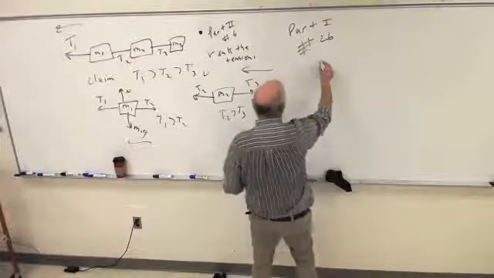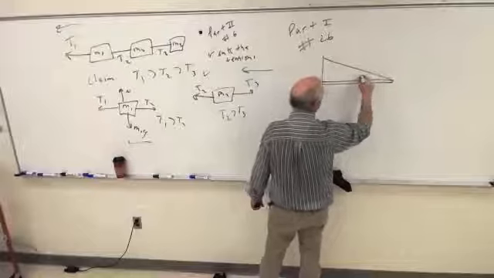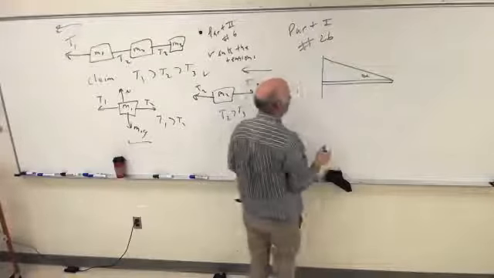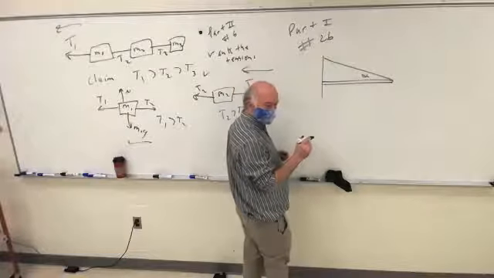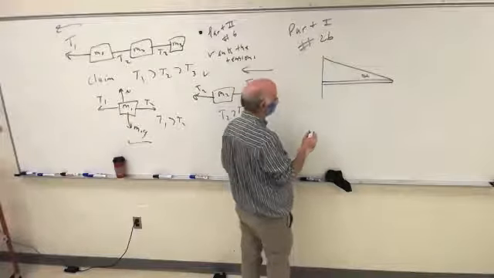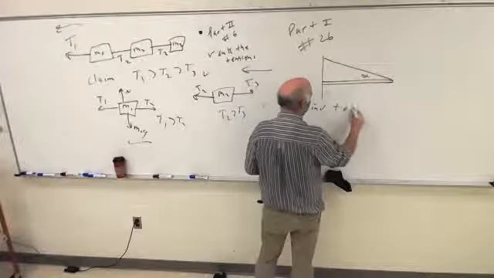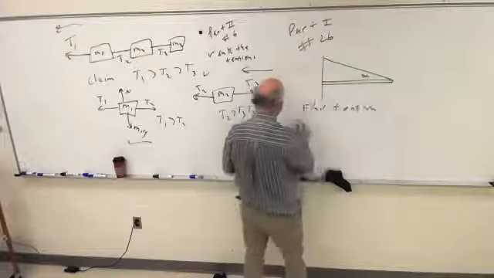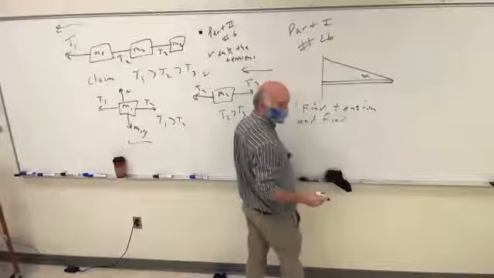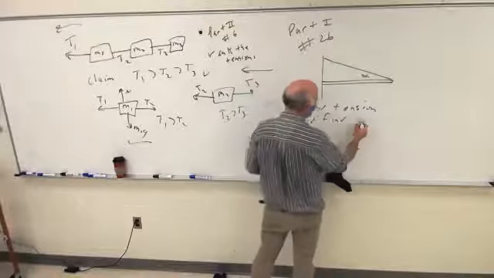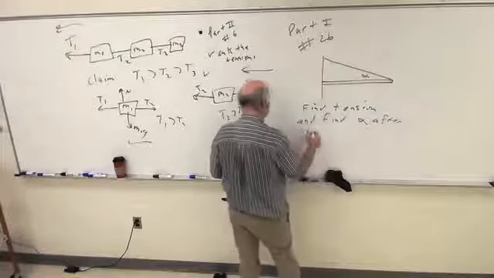So you have this guy here, and the rod, and this is alpha. The first part is to find the tension in the rod, and the second part is to find the angular acceleration, alpha, after the cable is cut.